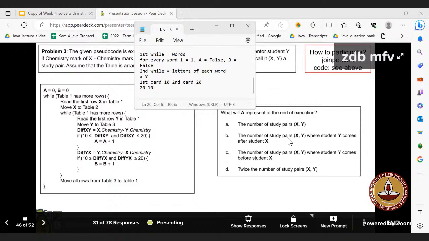So if the first card is y and the second card is x, then you will say y minus x.